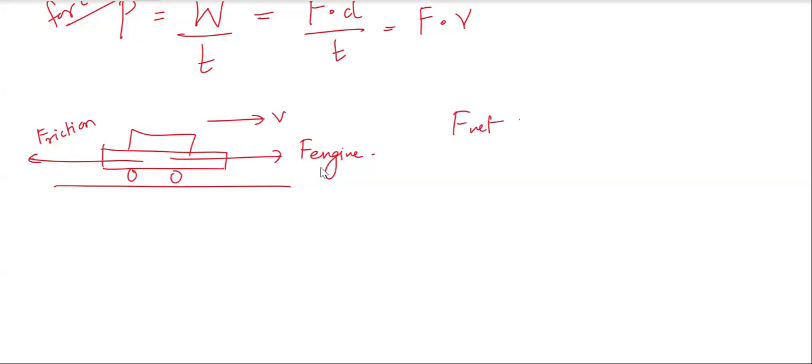So the net force here is zero, correct? But if I want to calculate the power of the engine, then I can use F engine times V. In this case, the forward force of the engine is constant and the velocity is not changing.